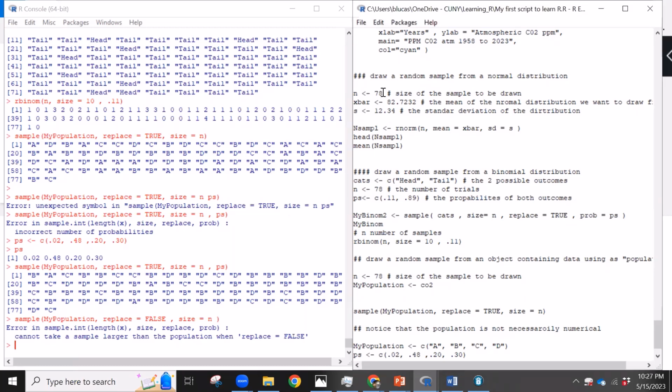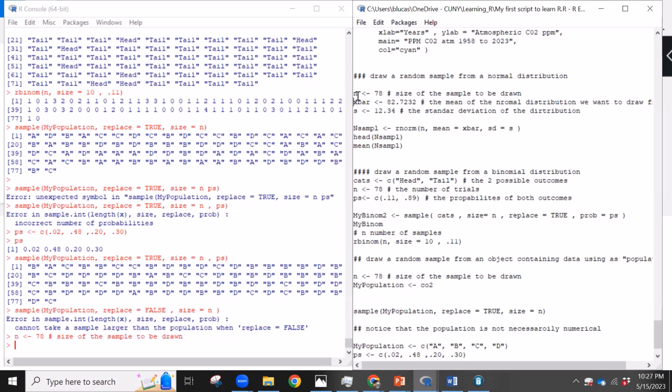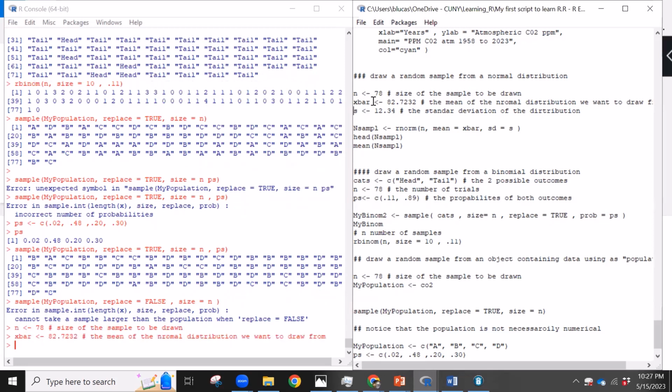So to draw a sample from a normal distribution, we need to set a few things. If you want to get numerical data coming from a normal distribution, you're going to set n, which is the size of the sample you want to draw. We're going to call x bar the mean of the distribution we're going to take the sample from.